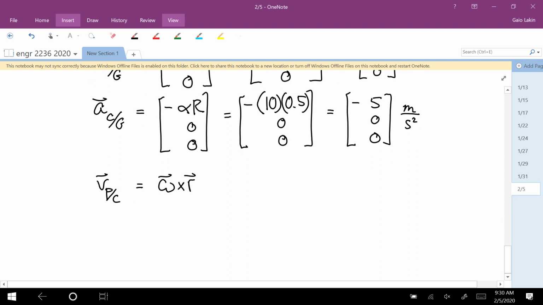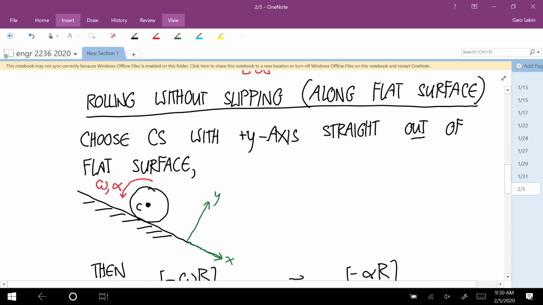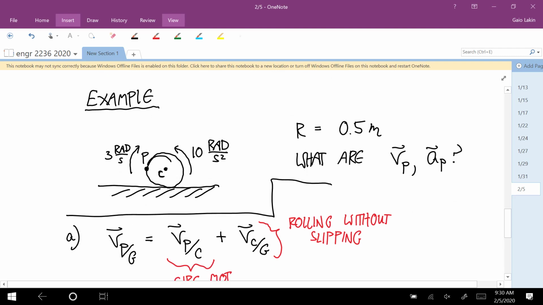So what's the omega vector? Zero, zero, negative 3. Yep. Again, we sort of already figured it out. We just used it in a different form.